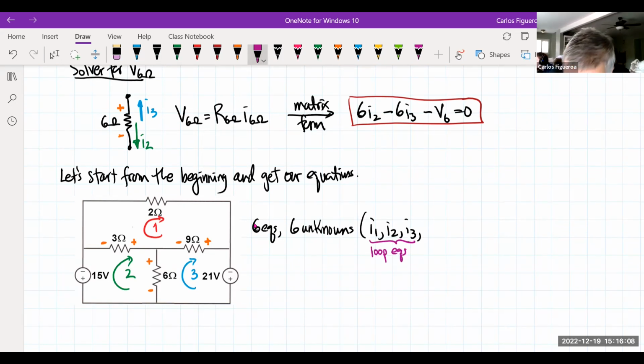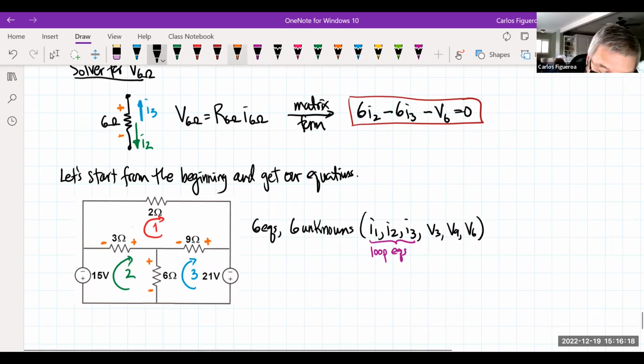And then I have V3, V9, V6, and these are from the solver equations. So let's write them out.